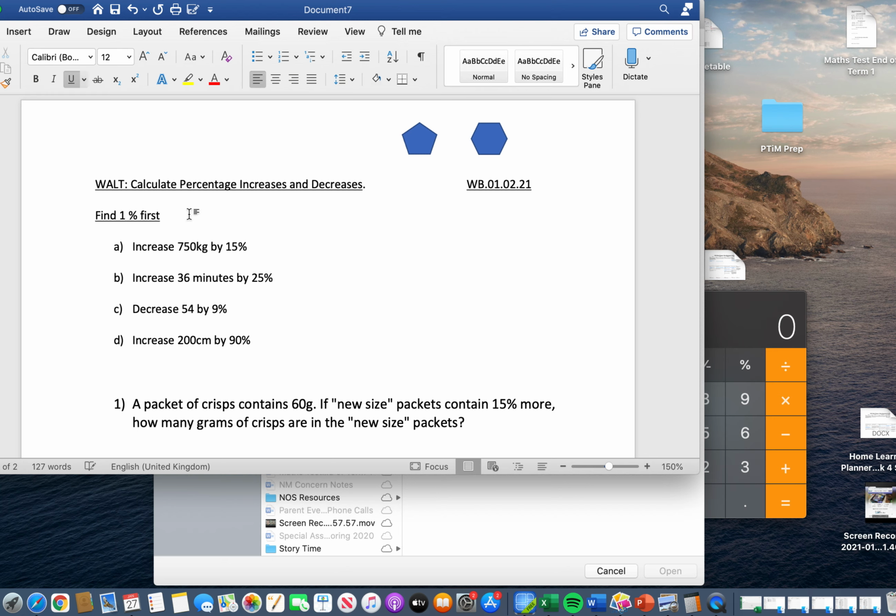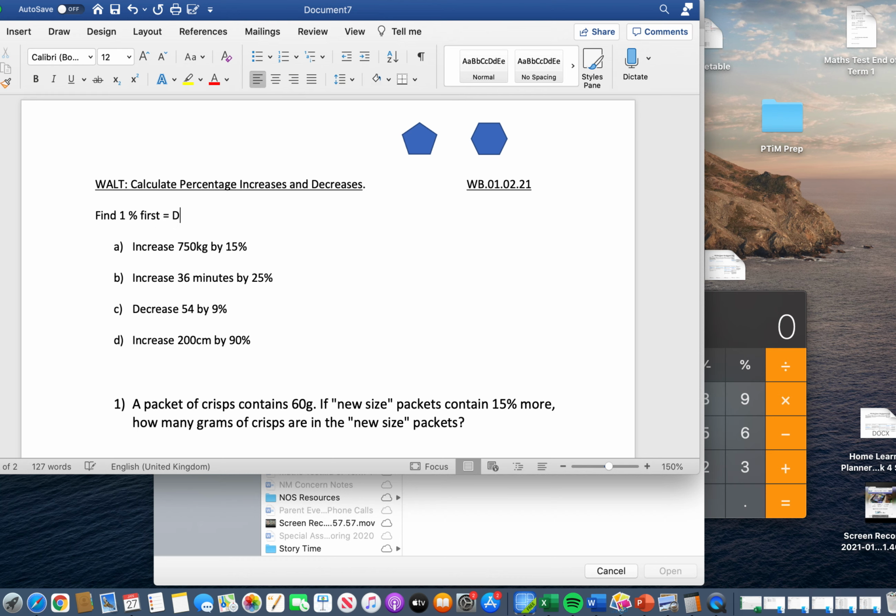If you can find 1% of a number or an amount, you can then work your way up to the given percent that the problem is asking for. To find 1% of anything, it's quite simple: divide by 100.